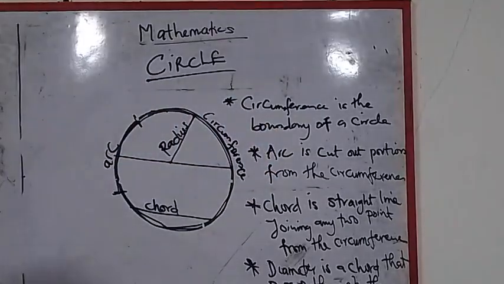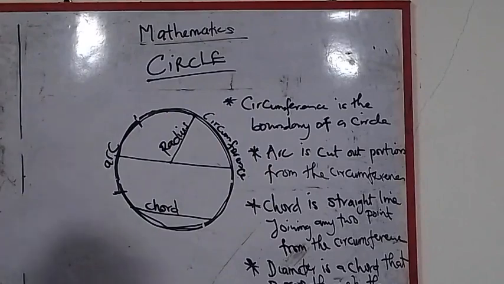You can see that diameter is a chord that passes through the center of the circle. So we define all these terms now. With the other terms for us to define, we are still going to talk about them.